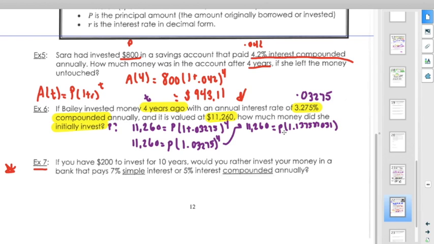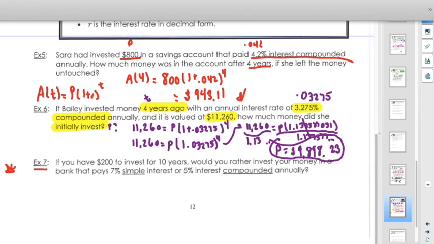So how would I get P by itself? If it's being multiplied, I gotta divide both sides by this whole number. Right, by 1.137577, yada yada yada. And same thing on this side. That cancels out. And we would find P to be equal to $9,898.23. So that's how much money she initially started with. Okay. Do number 7 on your own, and that's the end of day.